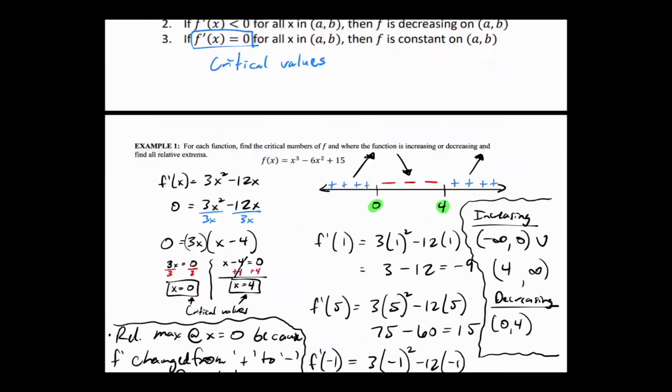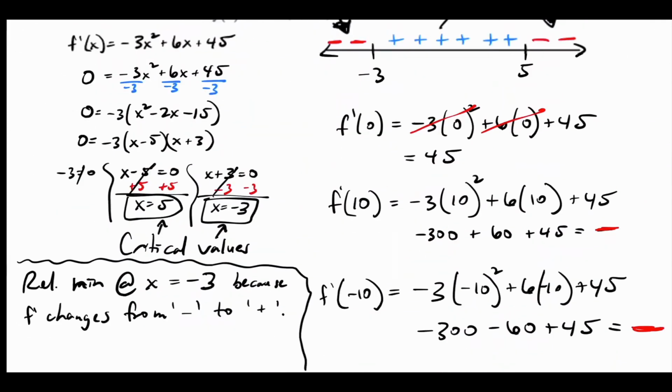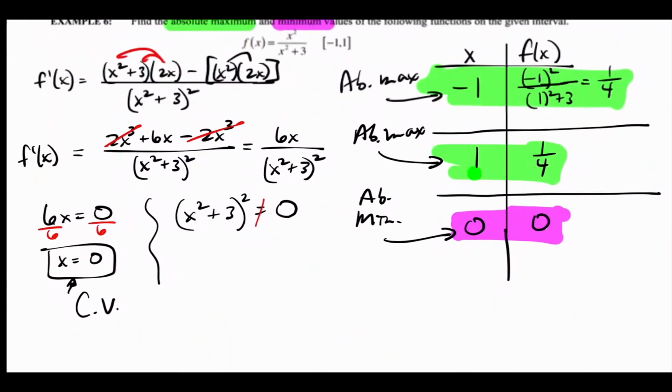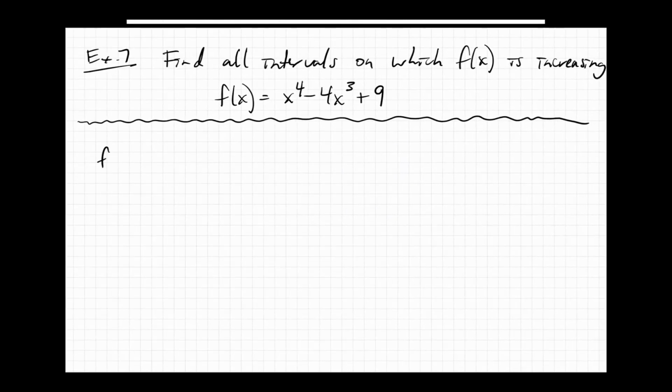we go back to yesterday, and that's the first derivative test. First derivative test tells us where it's increasing and decreasing. Number 1 says if the derivative is positive, it's increasing. If the derivative is negative, it's decreasing, and if it's 0, then it's a critical value. So we have to use the first derivative test. We find the derivative, 4x to the 3rd minus 12x squared.